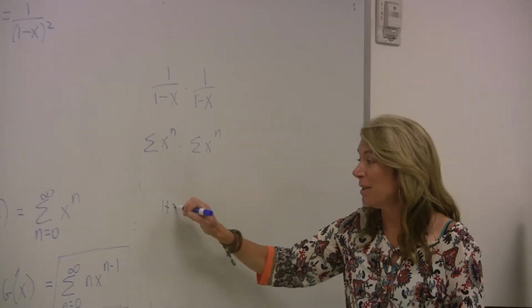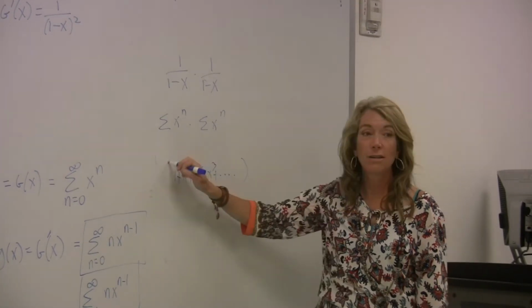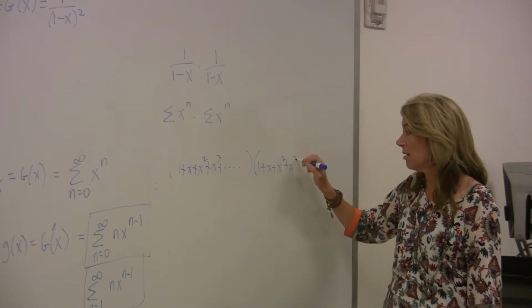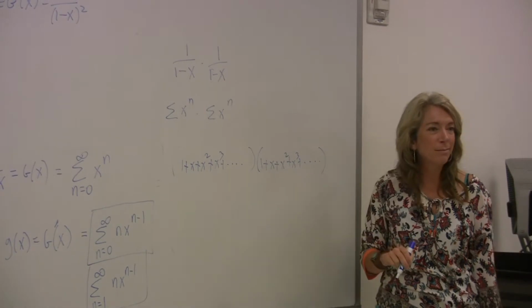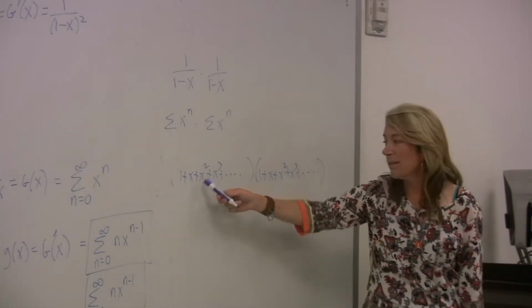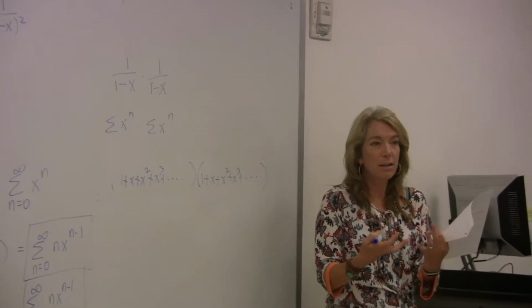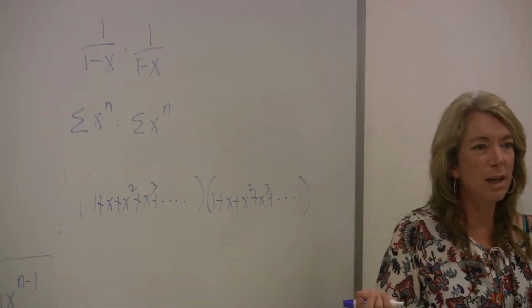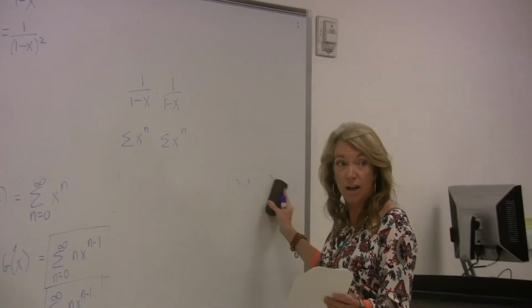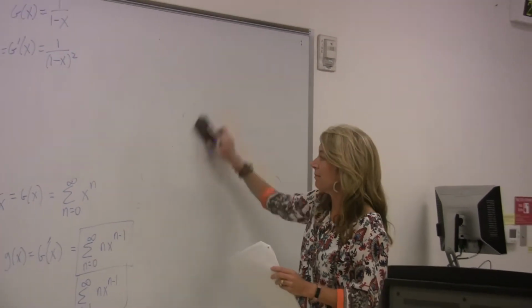This is 1 plus x squared plus x cubed, goes on forever, times another one of those. See the problem? We're going to run out of terms pretty soon. We're going to be real tired of multiplying those out, because I got 1 times all these, plus x times all these, and there's just infinite. So you can't really multiply two series together. There's no way to do that, because it's an infinite number of multiplications. If it had just been a constant or just one term like we saw earlier, that's one thing, but when you have a whole other series, it's a mess. Good question, though.